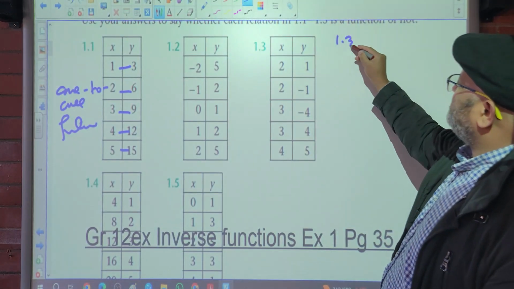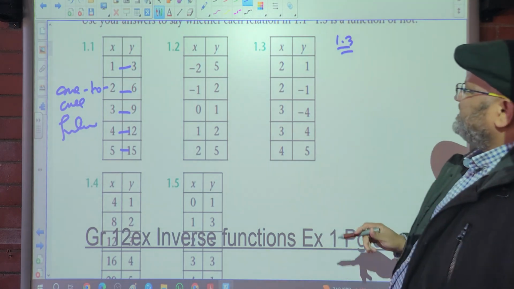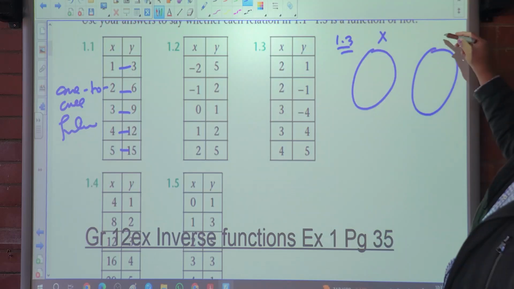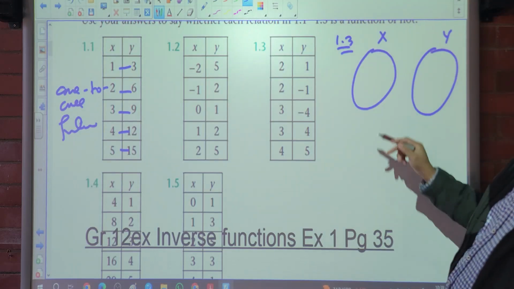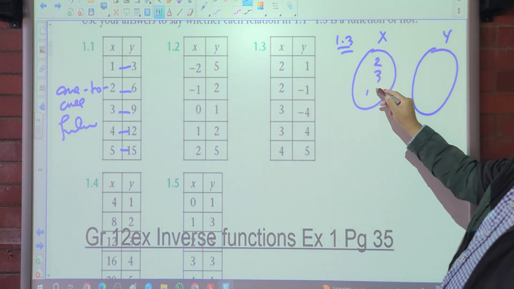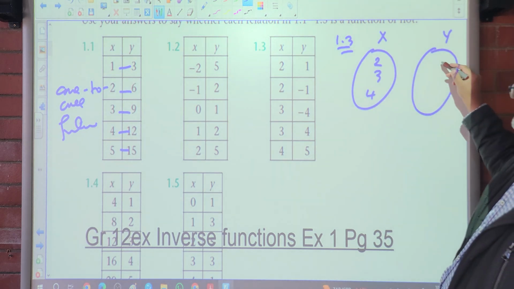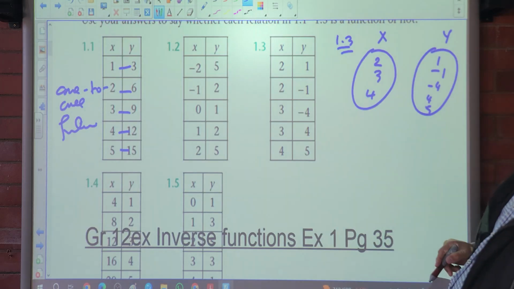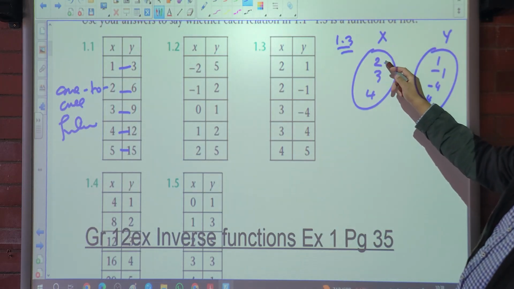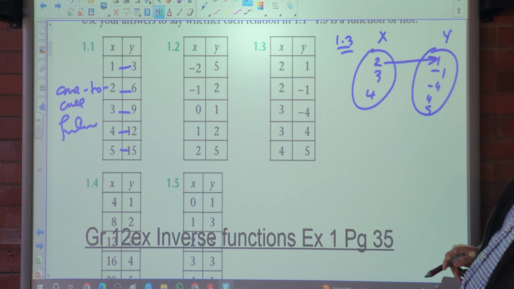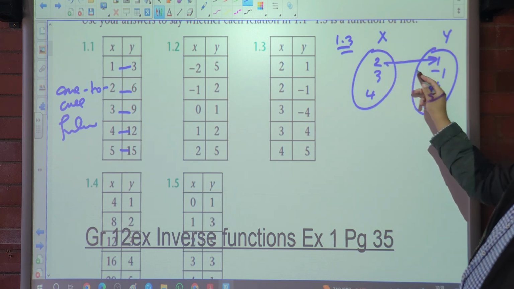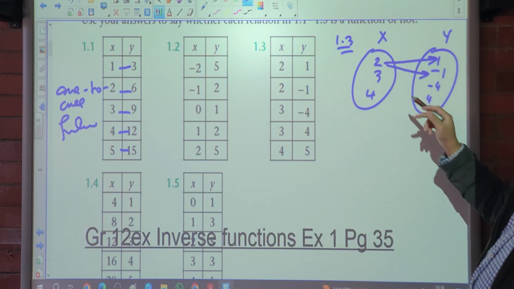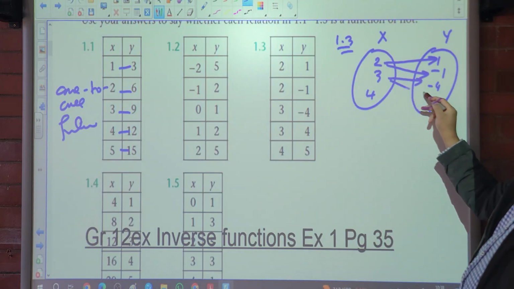Okay, for 1.3, it just makes more sense if I draw it in sets like this. So there's a 2, a 3 and a 4. There's a 1, minus 1, minus 4, 4 and 5. So 2 maps with 1. 2 maps with minus 1 as well. 3 maps with minus 4 and 4.